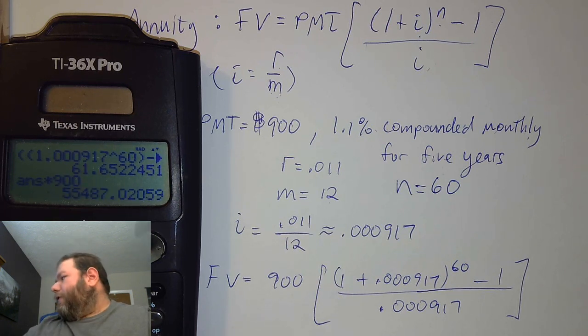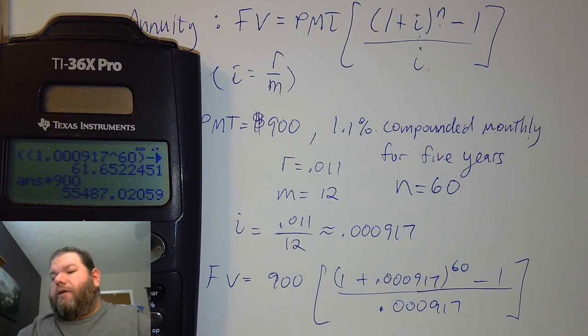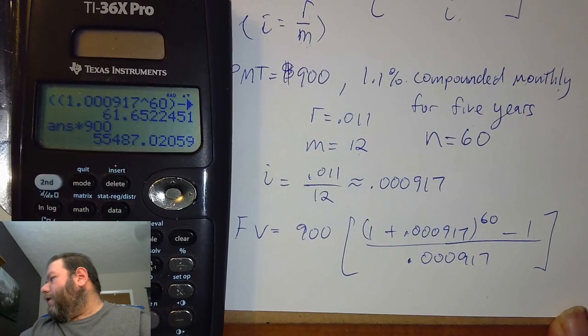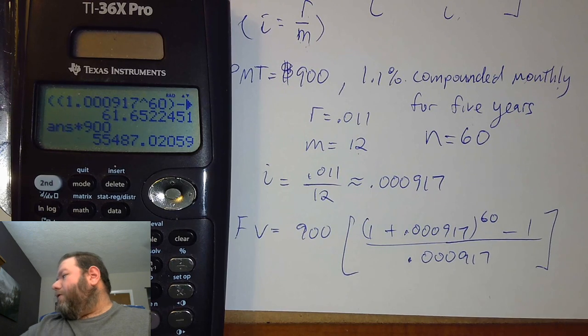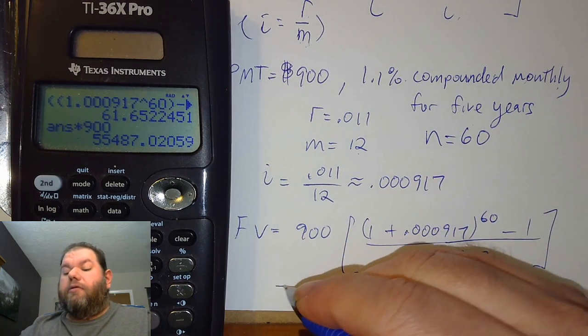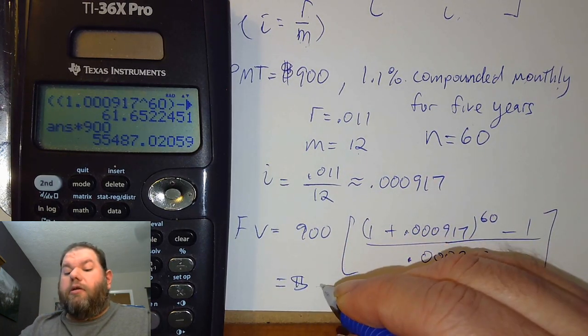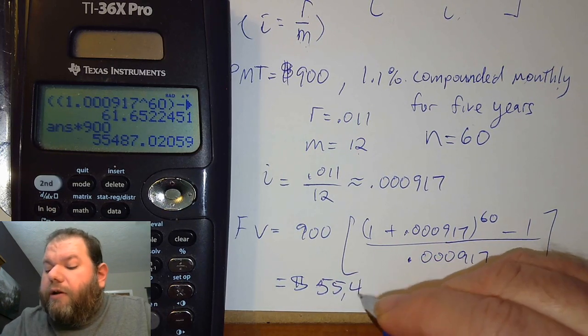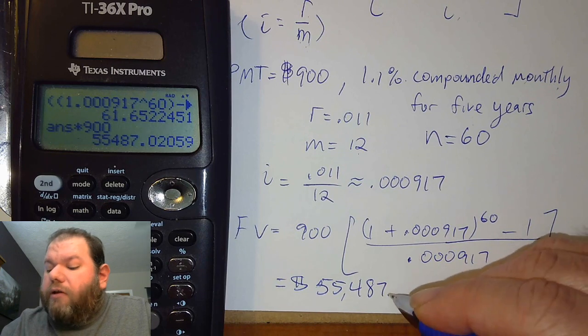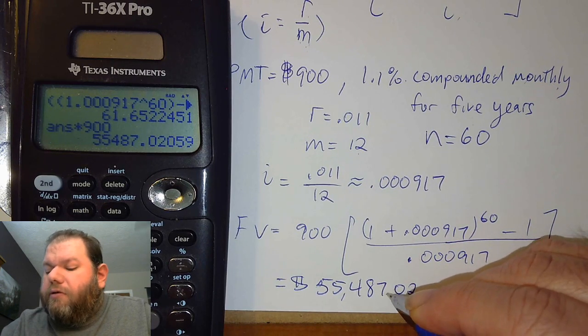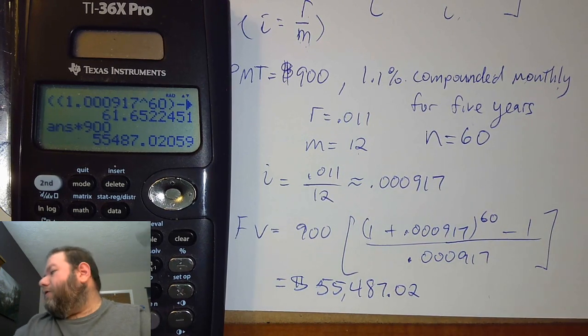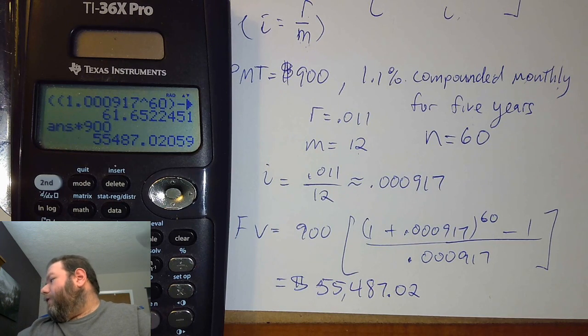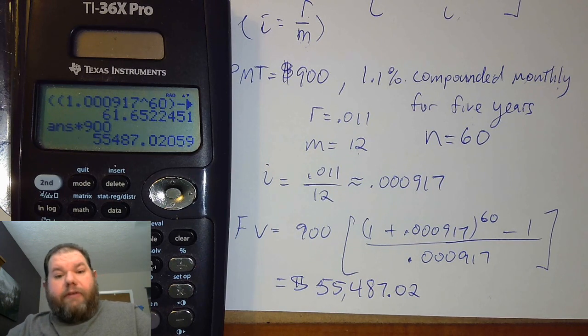And so this is the amount that we should have after the 5-year period. So 55,487 and 2 cents. 2 cents is important. Now we look at that and we say that's quite a lot of money.